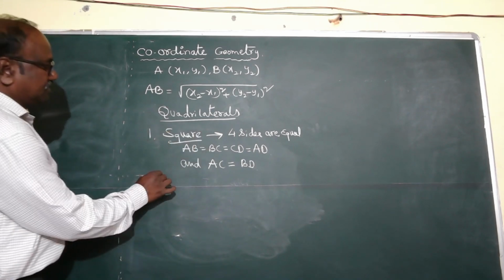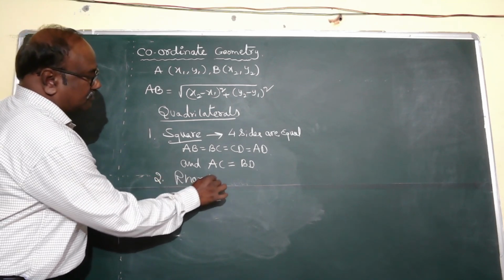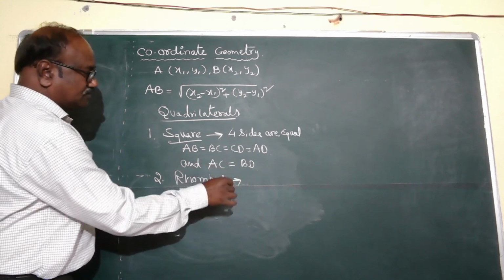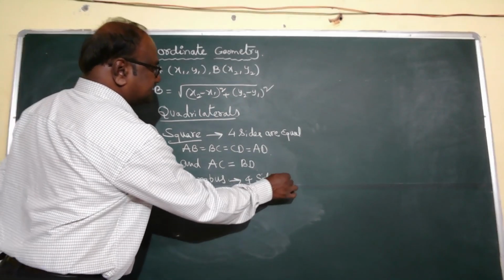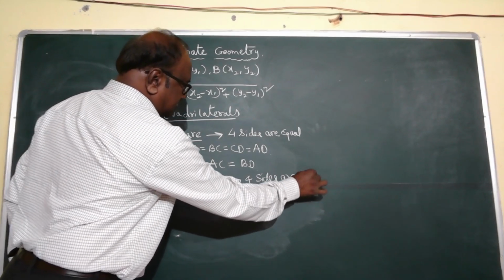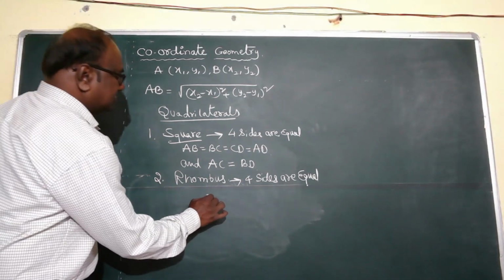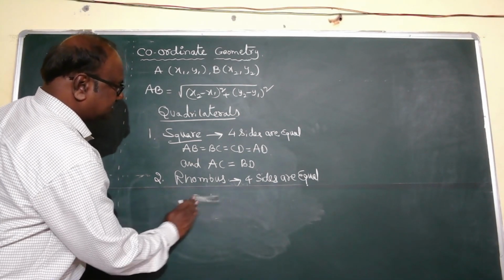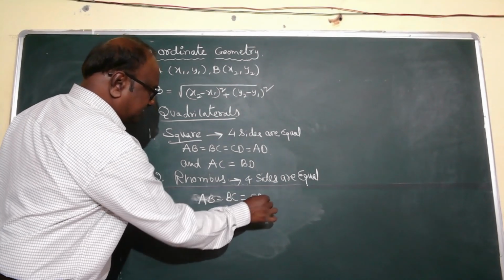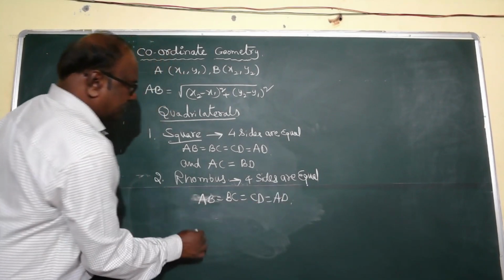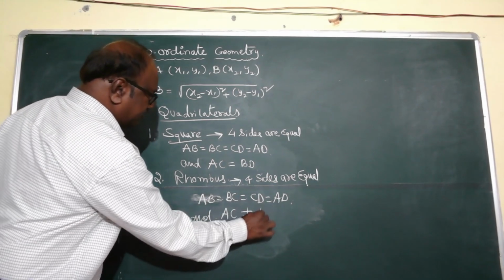In the same way, let us see for rhombus. For rhombus also we get 4 sides are equal. Now, what about diagonals? In a rhombus, diagonals are not equal. That is, AB is equal to BC is equal to CD is equal to AD, and diagonal AC is not equal to BD.